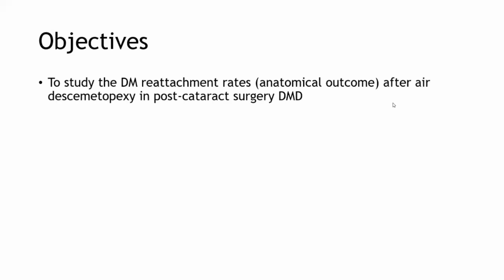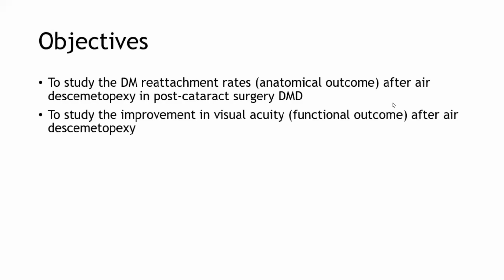Based on this, we want to define the objectives of this study. The first objective is to study the anatomical reattachment of the Descemet's membrane onto the underlying stroma. The second objective is to see how much the visual acuity improves after descemetopexy. Apart from this, we are going to look at our in-house Descemet's membrane detachment.